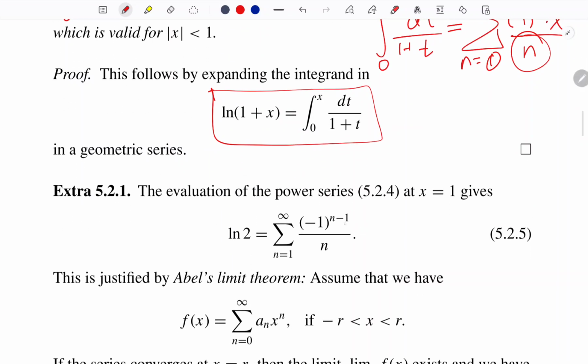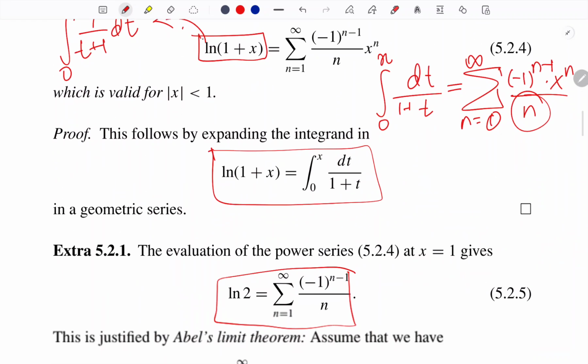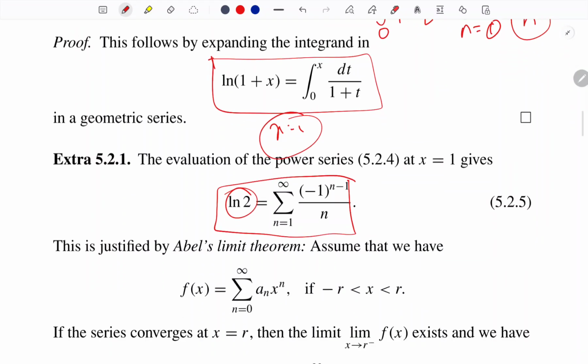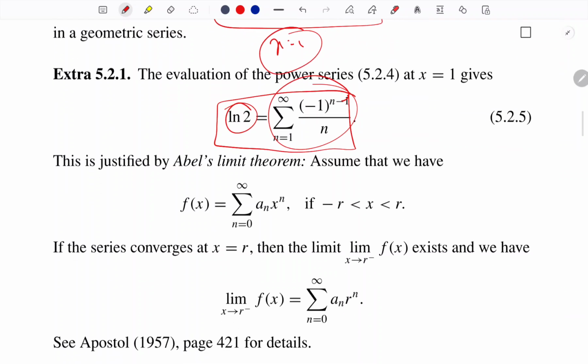And like I told you, when you plug in x as 1, you get ln 2 as this thing. And this is justified by Abel's limit theorem. Assume that we have f(x) as this series, if x lies between negative r and r.